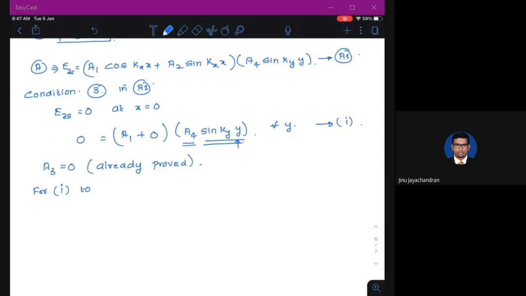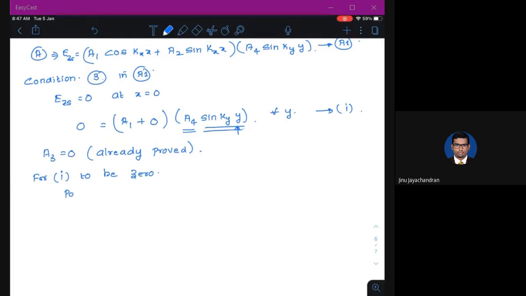For 1 to be 0, the possibilities are like this. First, sine ky into y is equal to 0. Not possible. Why?